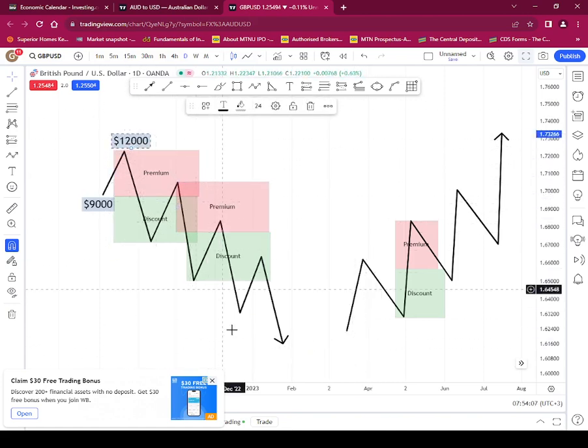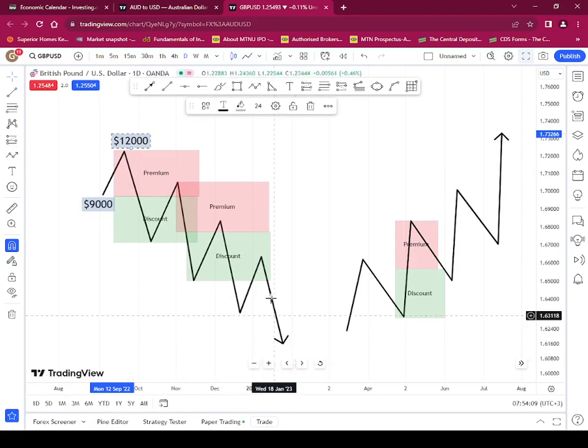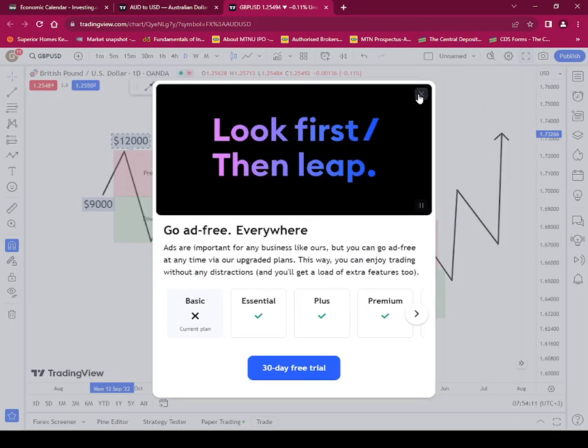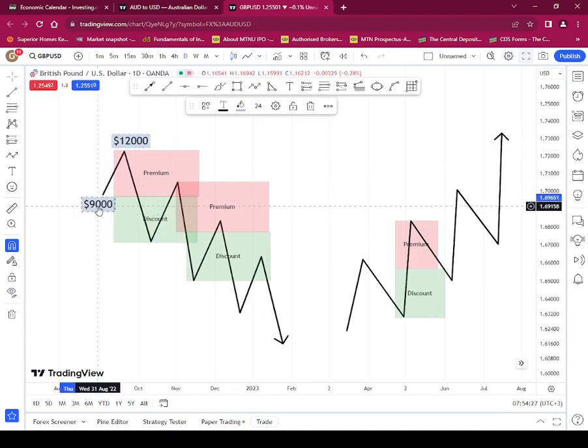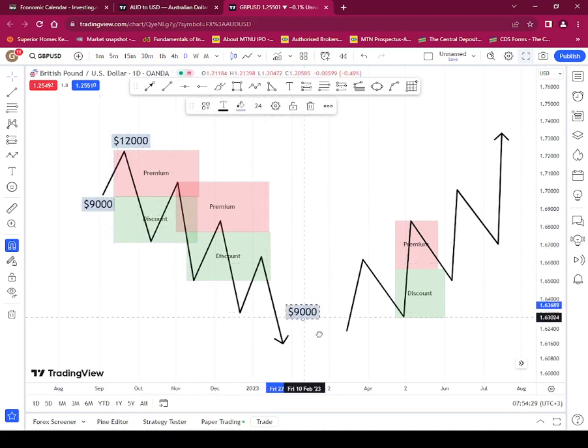During the entire year, the market price of this car has been dropping to the downside. Now in Forex, it's really important to know the premium and discounted areas so that you can know what to do.